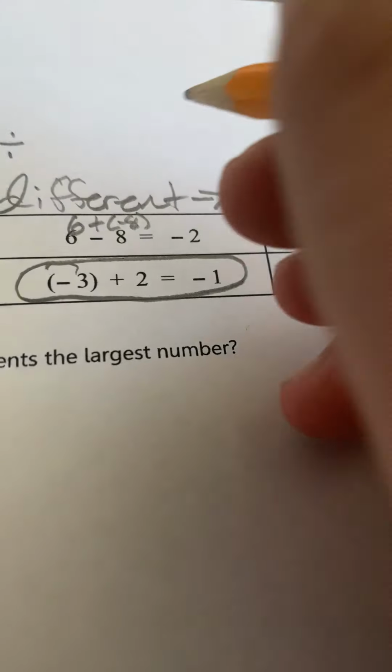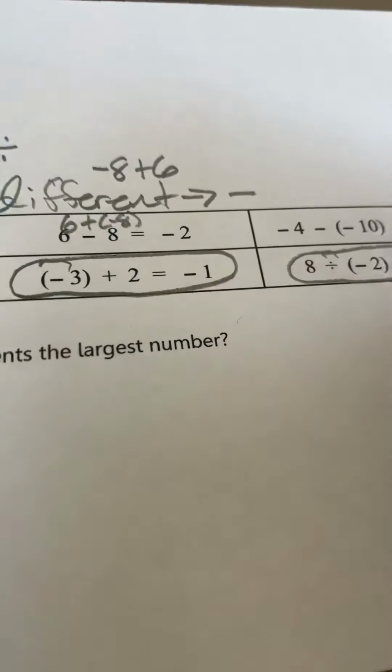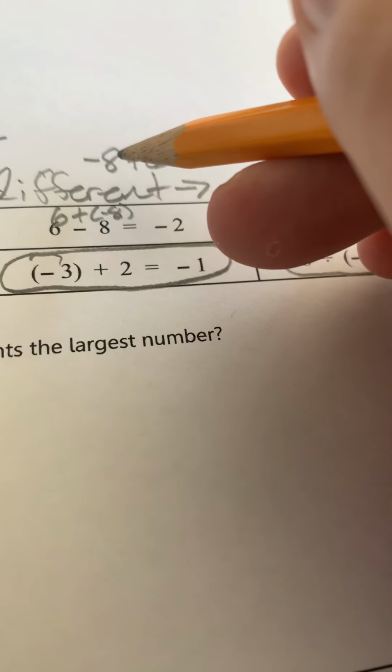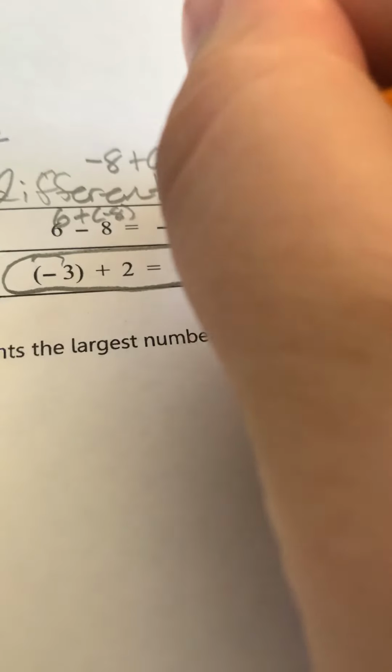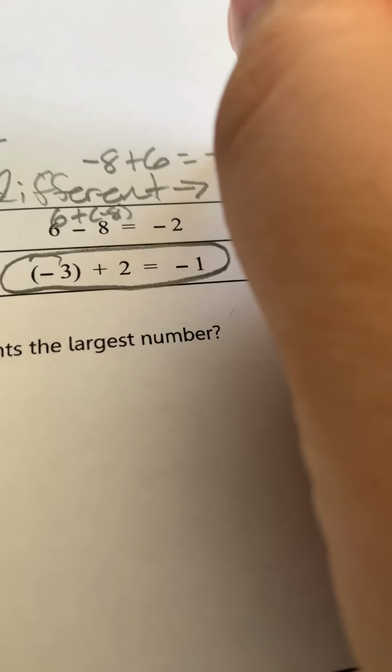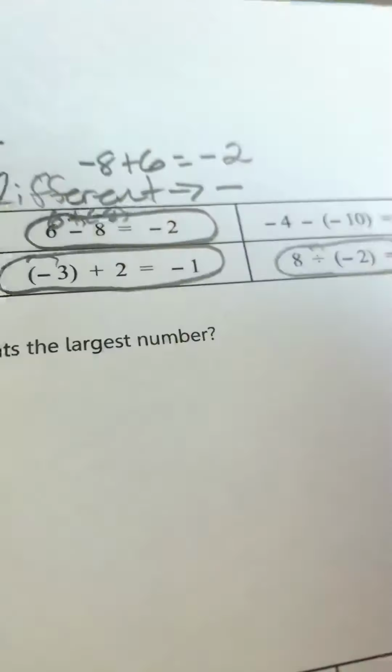Okay, if I change that, that'll be 6 plus negative 8. And I'm going to rewrite that because I can. That'll be negative 8 plus 6. Negative 8 is further away from 0, so I know my answer is going to be negative. And 8 minus 6 is 2. So I know this one is true.